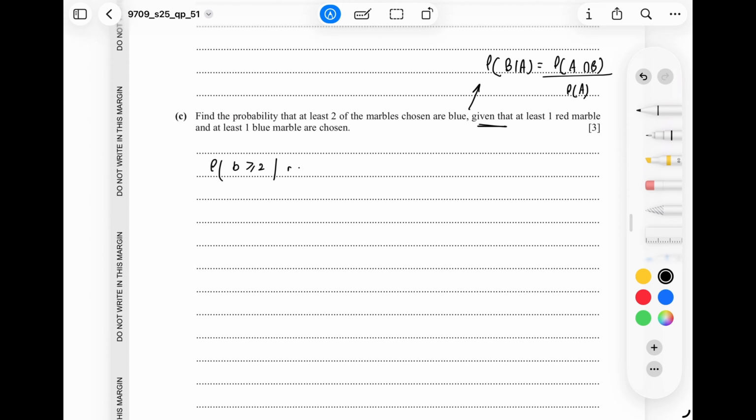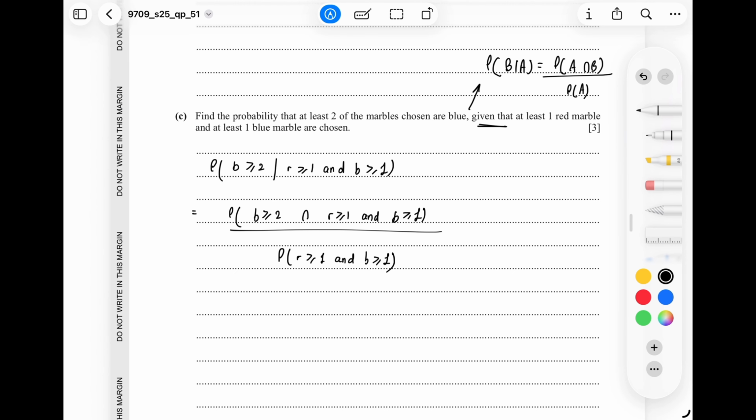So red is greater than or equal to 1 and blue is greater than or equal to 1. So this is essentially what you're doing. Write it out nicely. So you have probability of B intersection A, all over probability of A, which is the probability of at least 1 red and at least 1 blue.